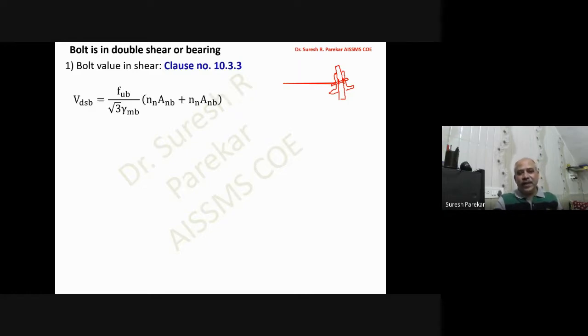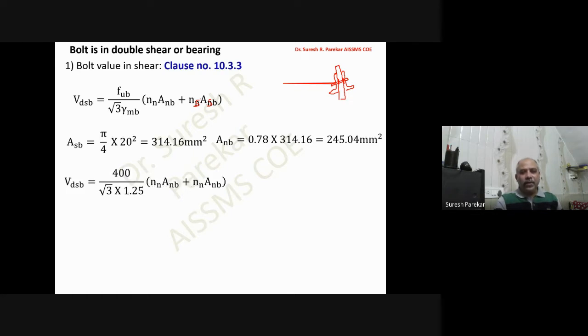The formula we know: Vnsb equals fu upon root 3 times (nn Anb plus ns Asb). So we have this as ns Asb, with Asb equal to pi by 4 into 20 square, and Anb we have 0.78 into pi by 4 into d square.